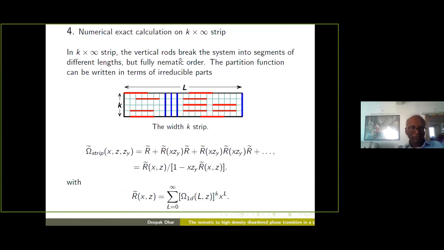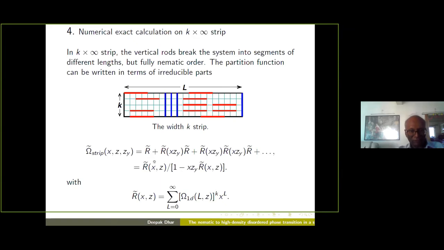So then we did a little bit more, which is an elaboration of the previous one. So you don't allow only 3 types of tiles, but you allow all possible structures within a strip of length k. So there you have vertical rods which are separated by intervals of horizontal rods. And so one interval in which there are no vertical rods is called an irreducible segment.